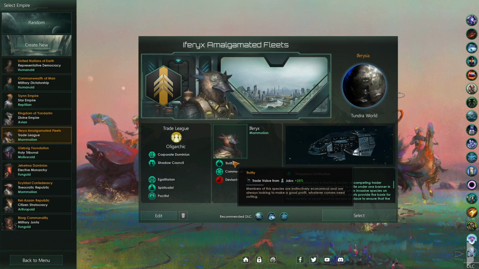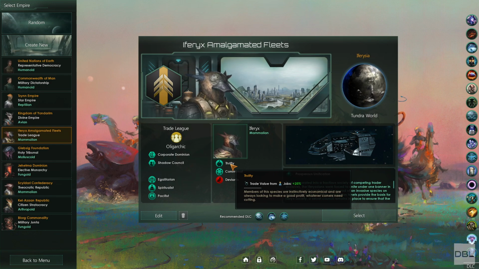Yeah? Trade value from jobs, +25%. Yeah, Argent's the actual key player. Yeah, it's in space. Argent's a real musician. Members of this species are instinctively economical and are always looking to make good profit, whatever corners needed cutting.